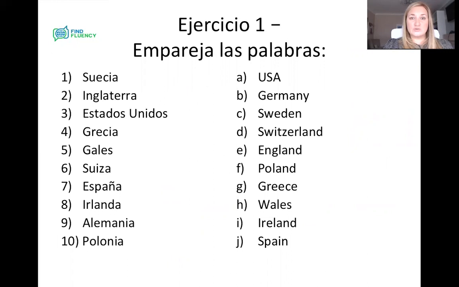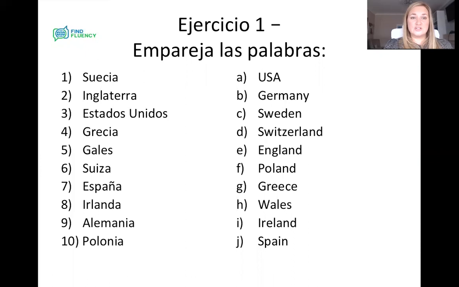You may want to pause the slide at this point. I might just run through the pronunciation of them again while you're doing it, but feel free to pause me or mute me if I'm annoying you. So we've got Suecia, Inglaterra, Estados Unidos, Grecia, Gales, Suiza, España, Irlanda, Alemania, Polonia.